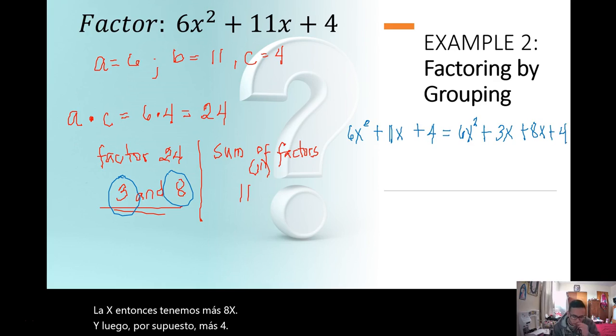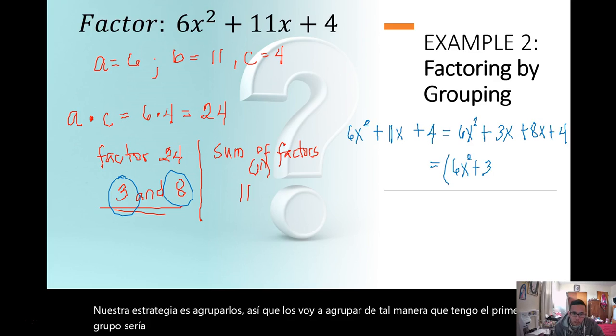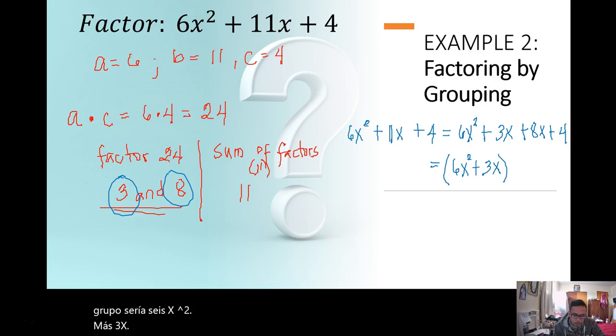Because our strategy is grouping, I'm going to group them in such a way that the first group is 6x squared plus 3x, and then plus, my second group, 8x plus 4.